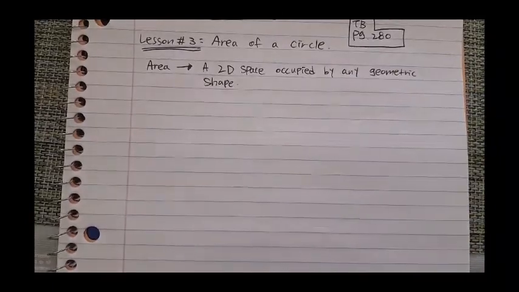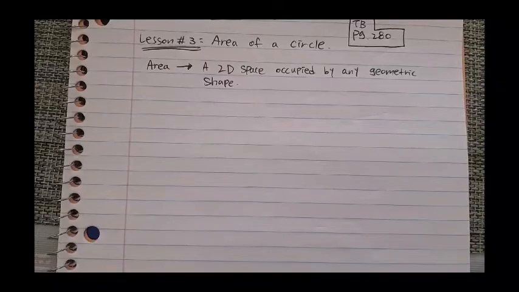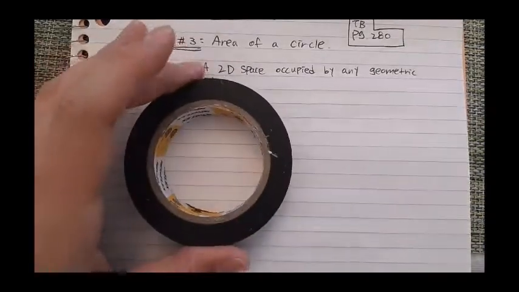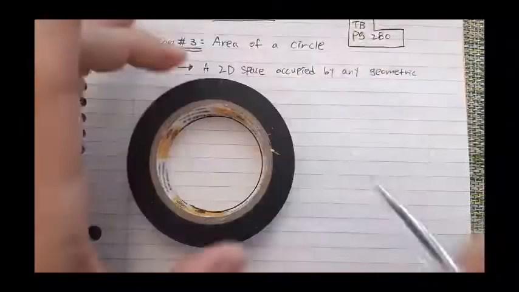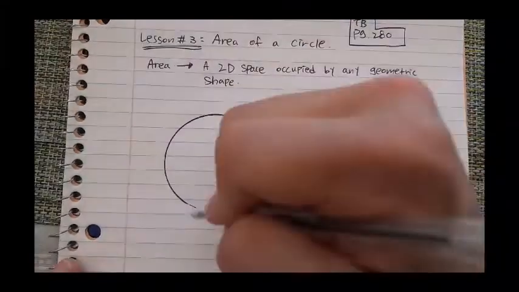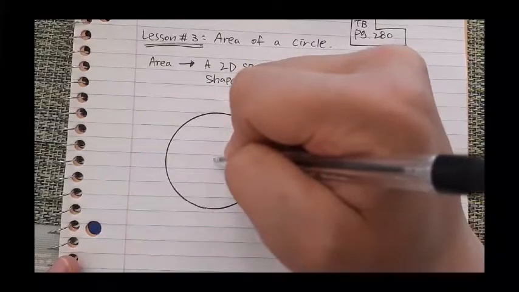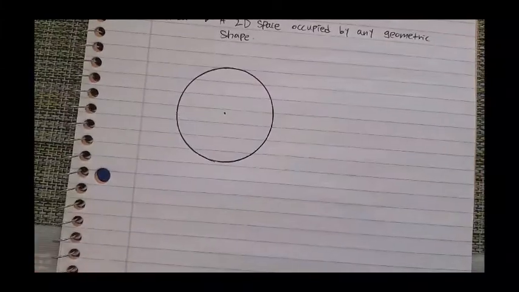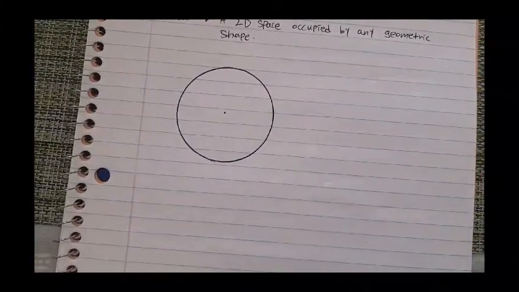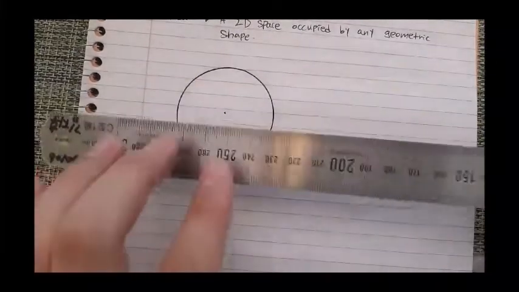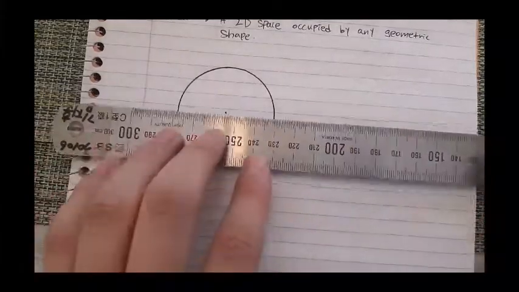Now, before we get into the area formula and go to a class example, I'm going to tell you how the area of the circle was created. I have a circle, center over there. Oh, sorry, a circle, not an area yet. Imagine you break this into several pieces like a pizza.